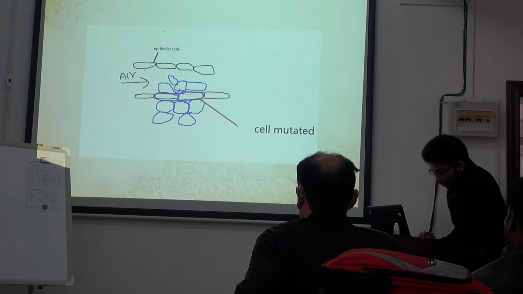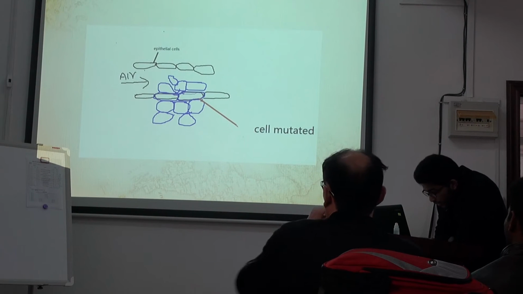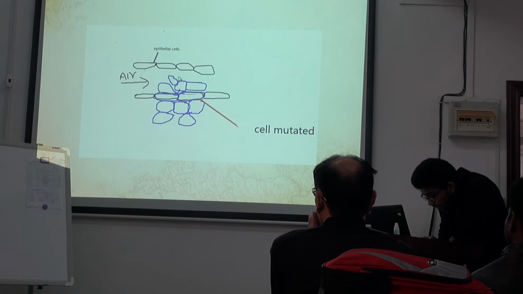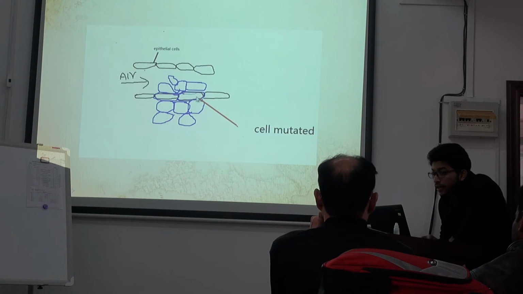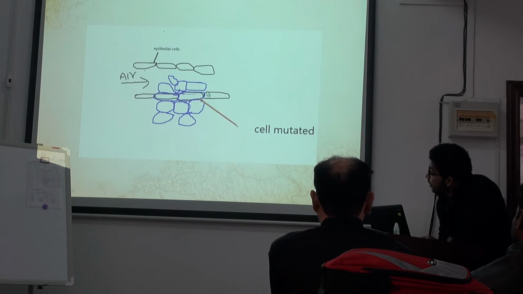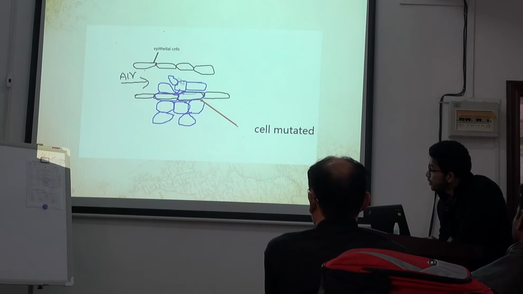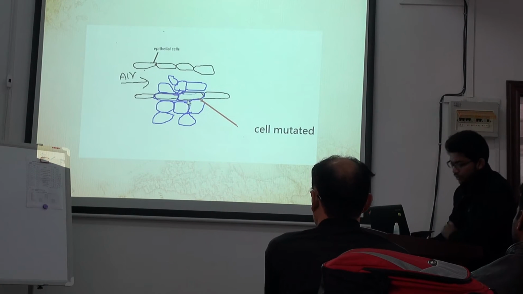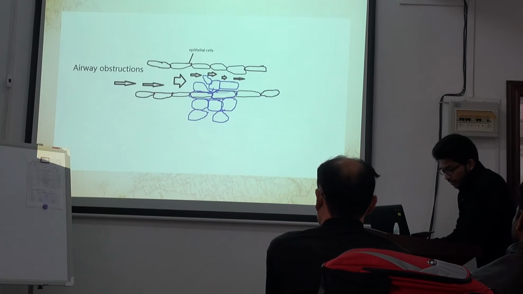And next, let's say this cell has been mutated, damaged, or something happened, so it grows uncontrollably. It forms many other tumors and gives rise to many abnormal cells.